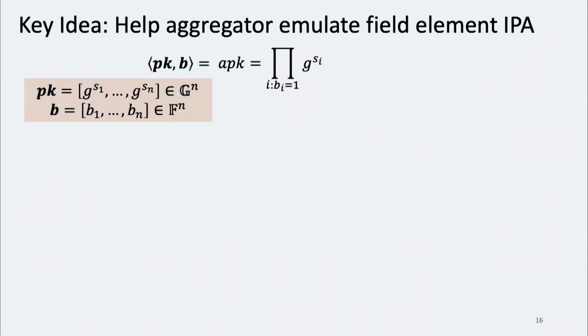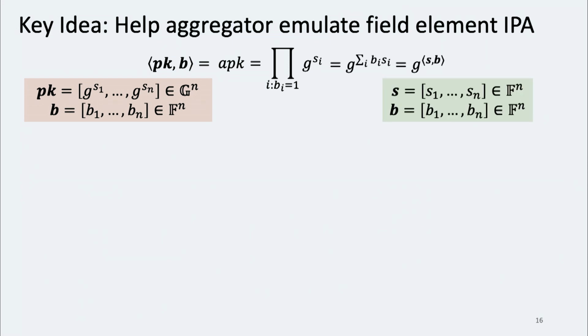Okay, so let's take another look at our bottleneck here. We have an inner product between a vector of group elements and a vector of integers. Right now, we have been writing it as this group and field inner product. But notice that our group elements are actually not generic group elements. They have a very special form. So there is another way to write this: we can write it as G raised to the summation of Bi Si.